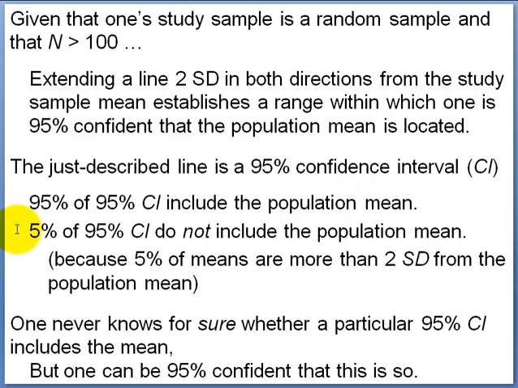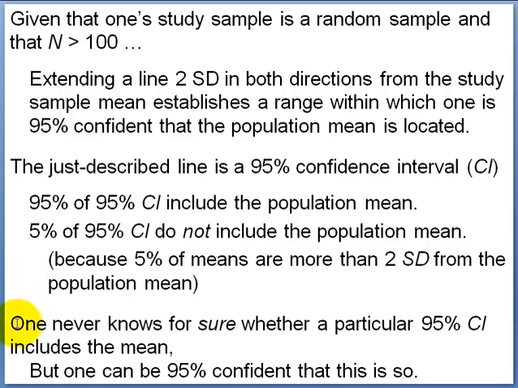Now, on the other hand, in the long run, 5% of 95% confidence intervals do not include the population mean. And that's because 5% of means in a normal distribution are located more than 2 standard deviations away from the population mean.